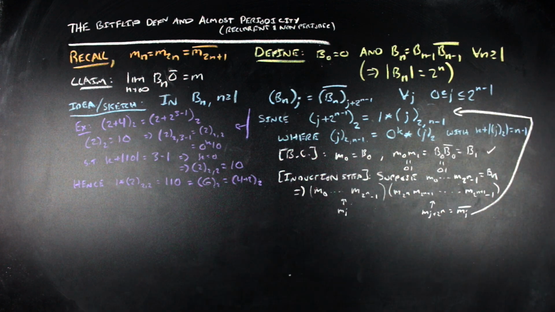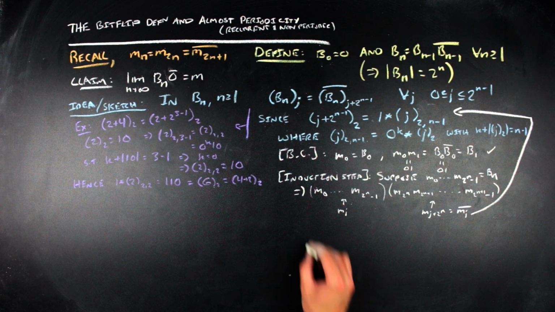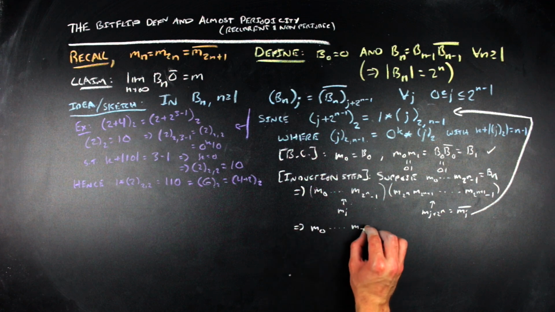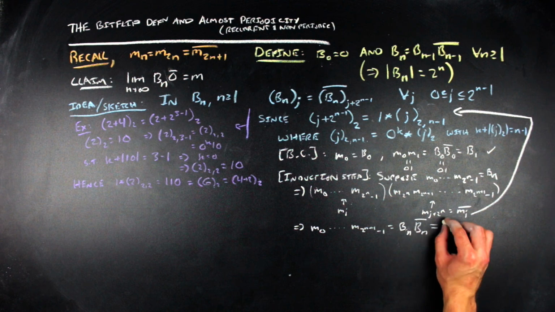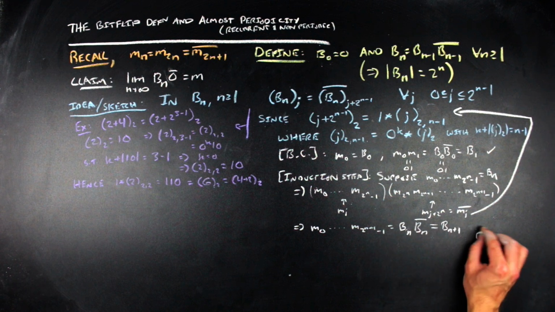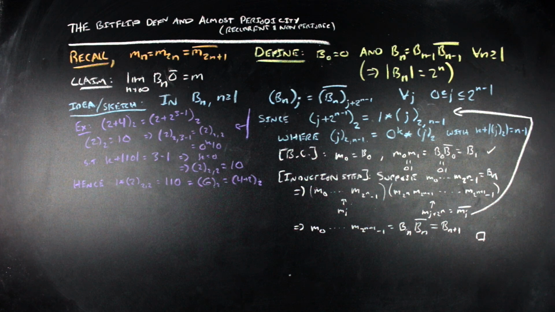So the first 2 to the n plus 1 terms of the Prouhet-Thue-Morse sequence is b sub n concatenated with the conjugate of b sub n, which is equal to b sub n plus 1, which completes the induction step. Again, that was more of a sketch. There are some things I am being a little bit subtle about, but that's essentially how the argument goes.